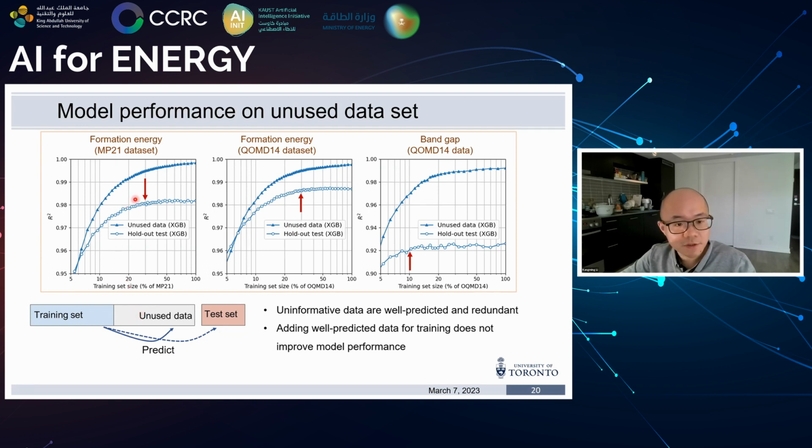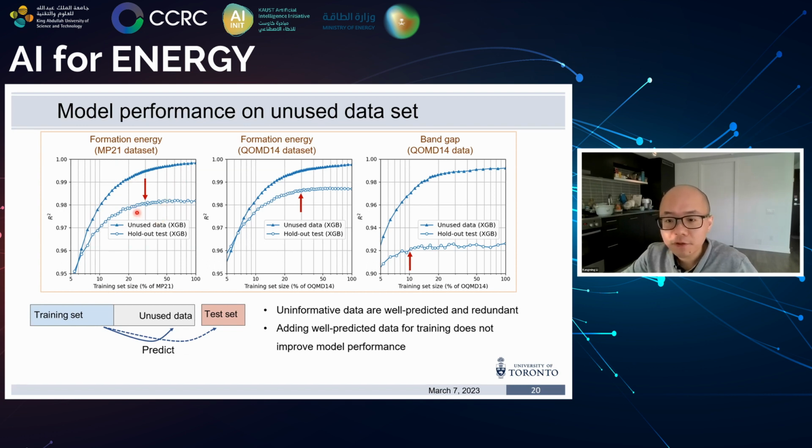To better understand this issue, we also test the model on the unused data that are removed from the training set. So here we make a comparison of the R2 score on the unused data and the holdout test set. We can see that the model predicts this unused data very well, and their predictions are much better than those of the holdout test set.